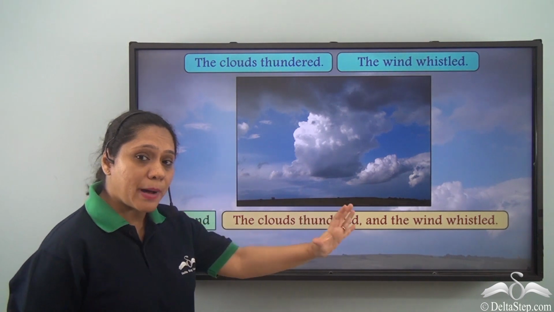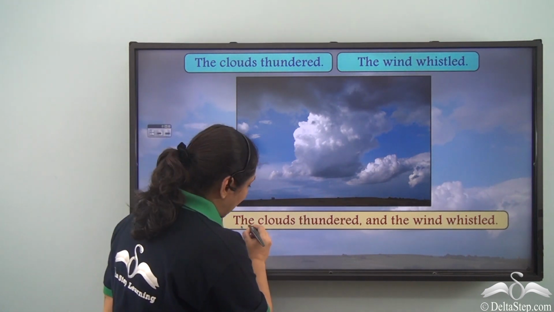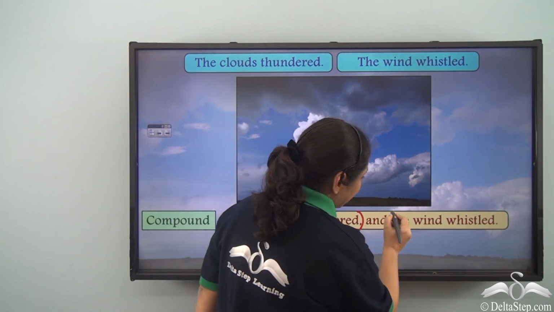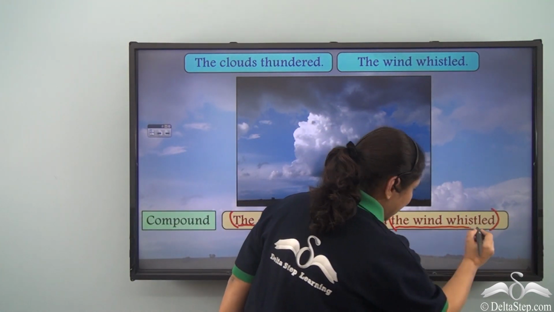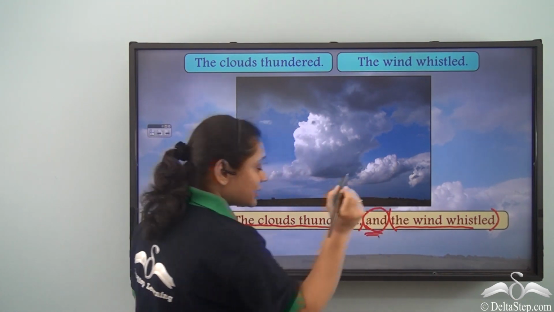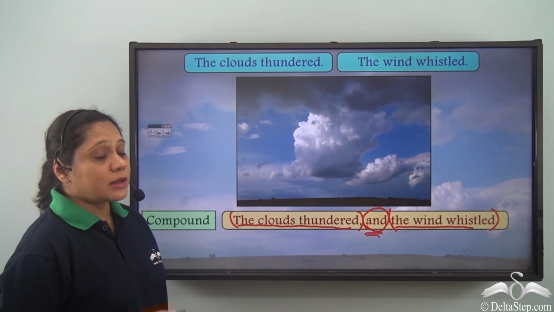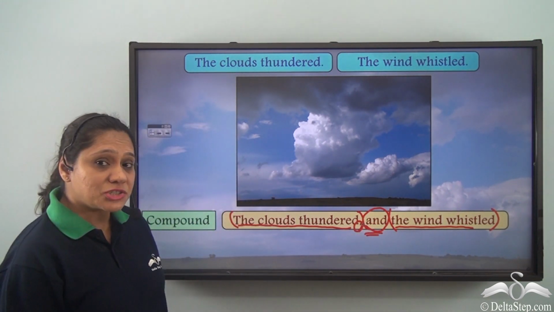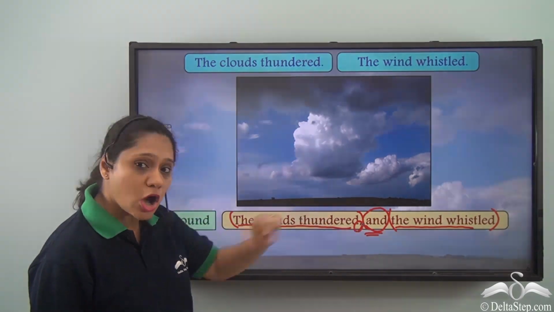So, we have a compound sentence here. The clouds thundered is one main clause. The wind whistled is another main clause, and we have used the coordinating conjunction and. Now remember that we have joined two clauses with a conjunction, so we have used the comma.